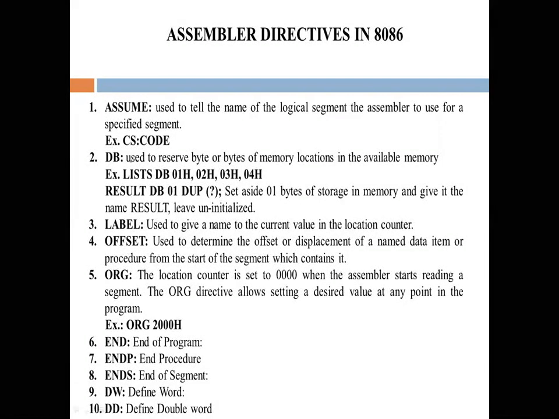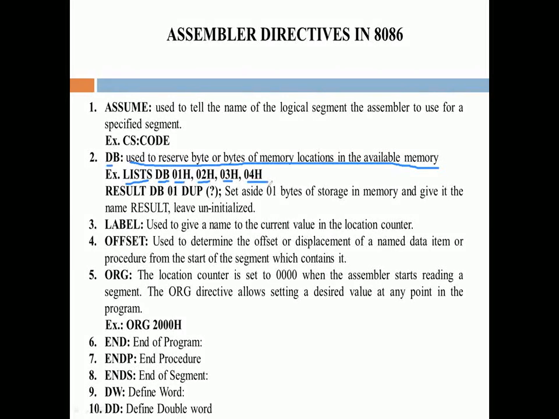Next directive is DB. DB is used to reserve a byte or bytes of memory location in available memory. Example: LIST DB 01, 02, 03, 04.